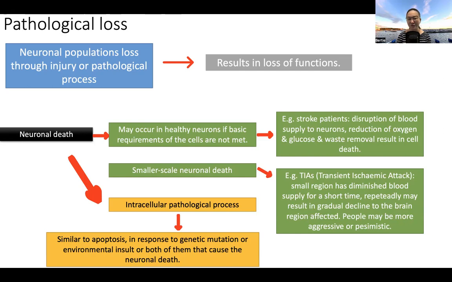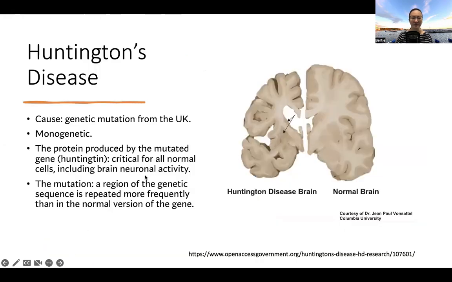With regards to intracellular pathological process, it's similar to apoptosis, in response to genetic mutation or environmental insult, or both of them, that cause the neuronal death. Huntington's disease: the cause is a genetic mutation.